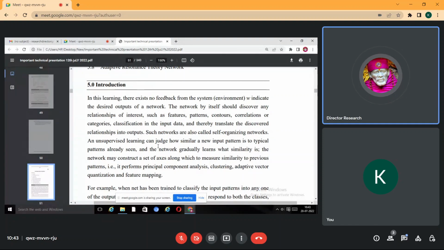The network by itself should discover any relationships of interest such as features, patterns, contours, correlations, or classification in the input data and thereby translate the discovered relationships into the outputs. Such networks are also called self-organizing networks.